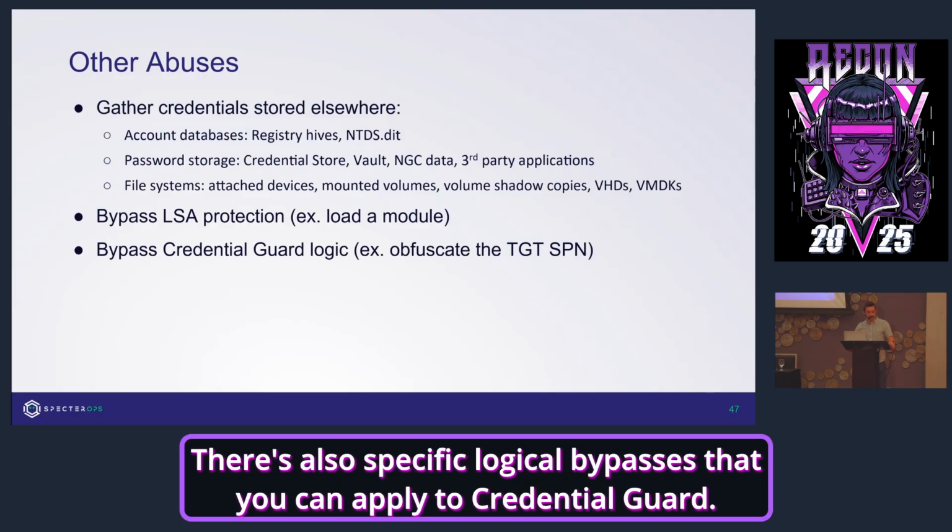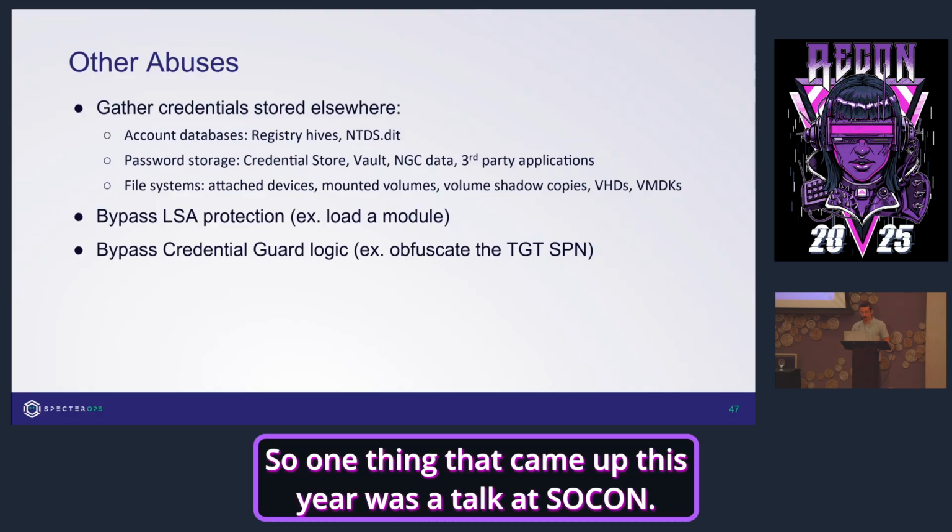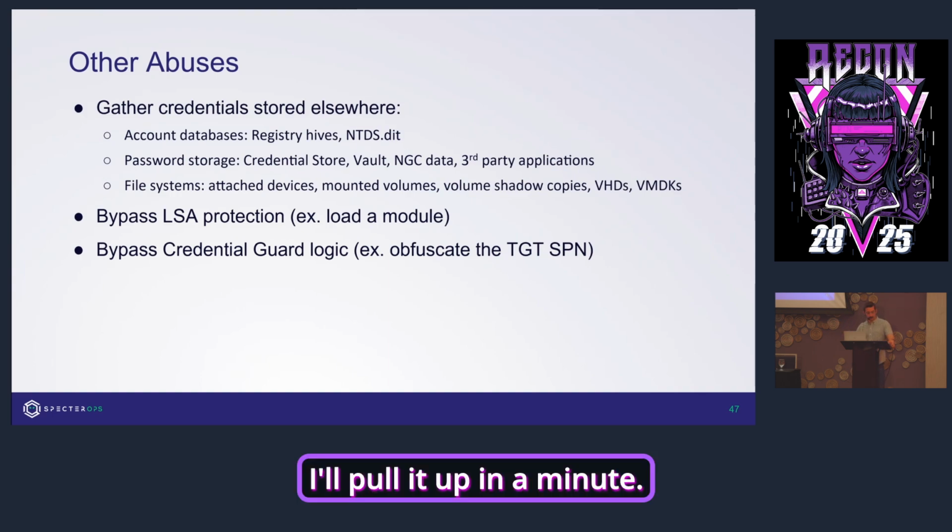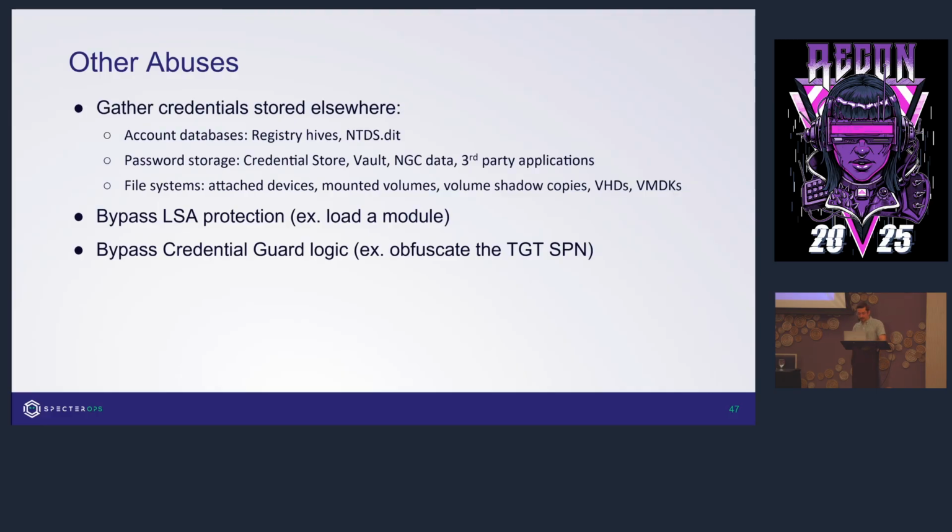There are also specific logical bypasses that you can apply to Credential Guard. One thing that came up this year was a talk at SOCon, I'll pull it up in a minute, by Kerry Coburn.